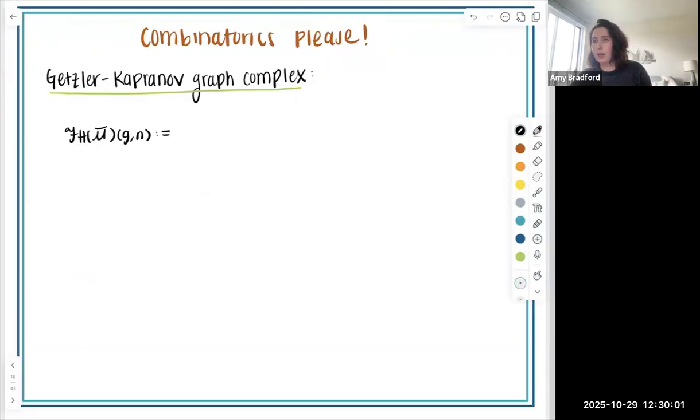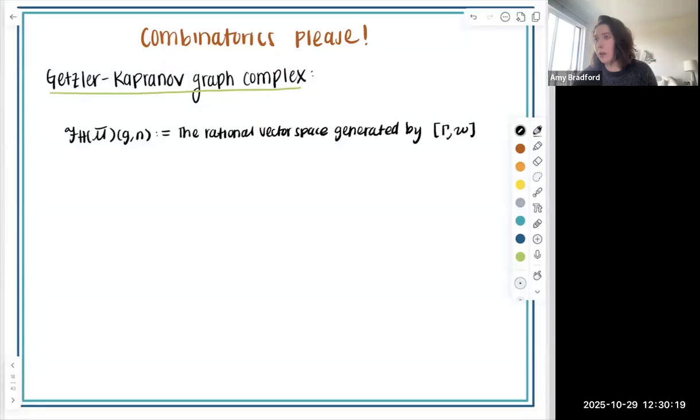This is going to be defined as a rational vector space generated by pairs (Γ, ω). In this case, Γ is going to be a stable graph. In other words, it's one of those dual graphs that we've been seeing all along. So this is a stable graph of genus g with n marked points.